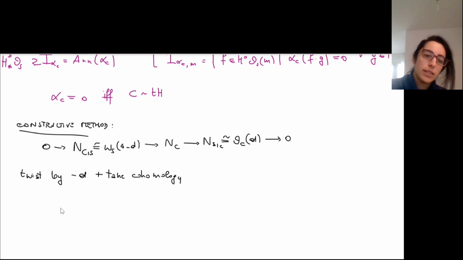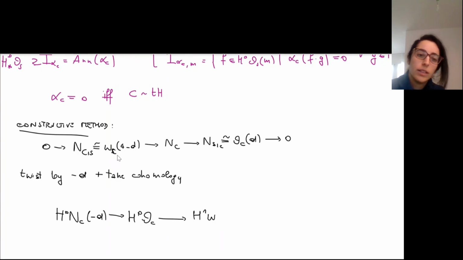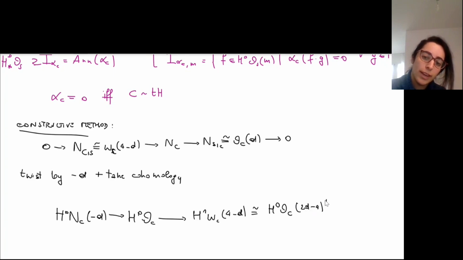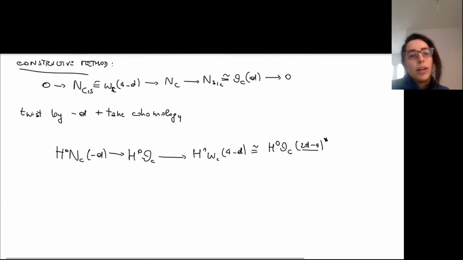And we get that we start here: H0 of NC minus D goes to H0 OC. That goes to H1 of omega_C, sorry, S is the C, of degree 4 minus D, that is dual to H0 of OC in degree 2D minus 4. Again 2D minus 4, the same as before. Here we can use this idea.